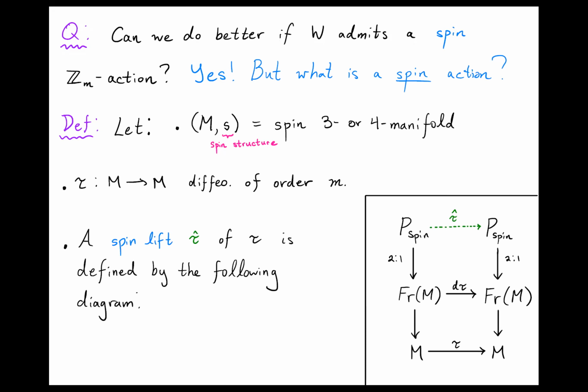Basically, we have tau acting on the manifold M below. For free, we get a bundle automorphism of the associated SO(n) frame bundle, denoted d tau, which just transports frames. By definition, the spin structure is a 2-to-1 cover of the frame bundle, and so tau hat is just a lift that 2-to-1 covers d tau.